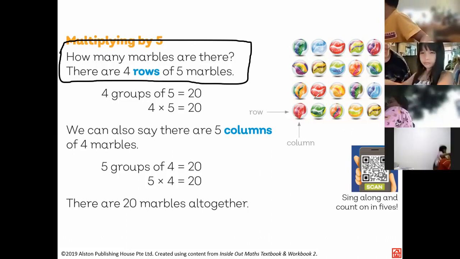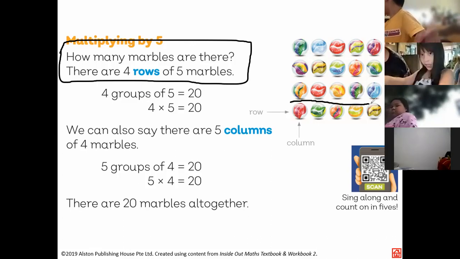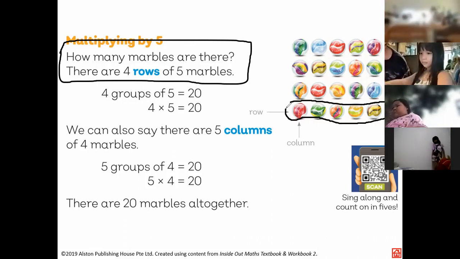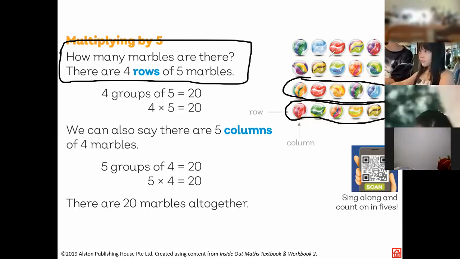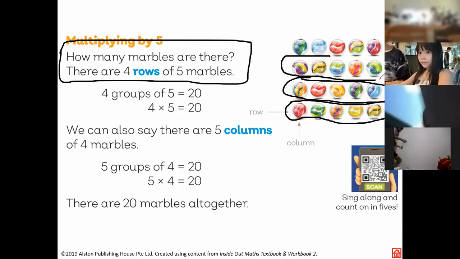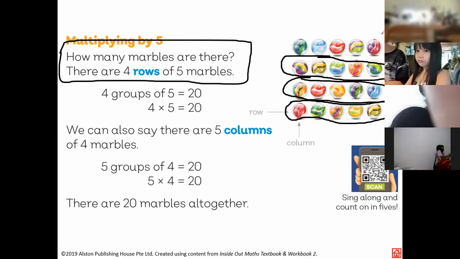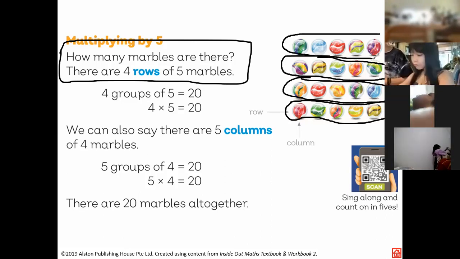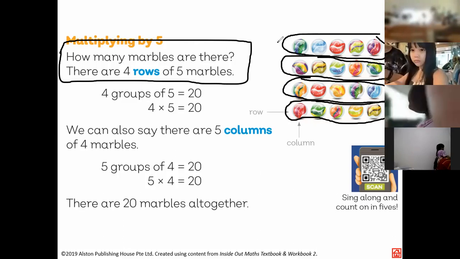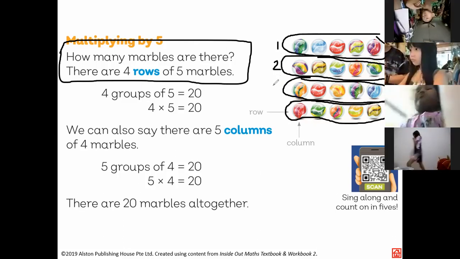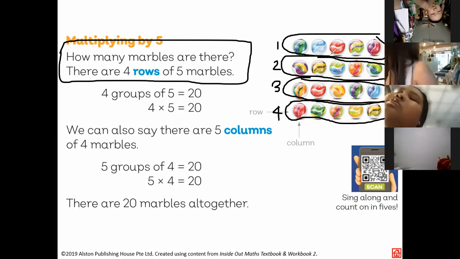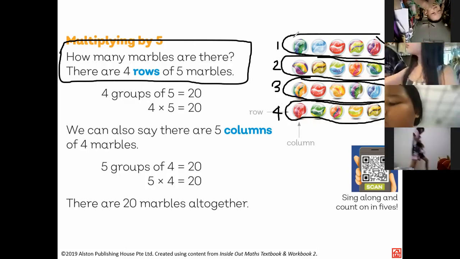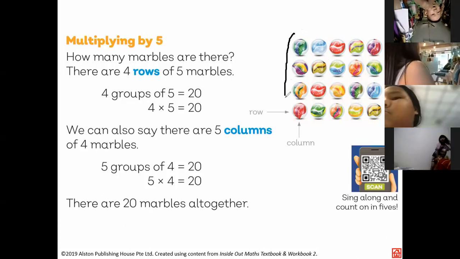So let's see. The rows are this one. Okay, these are rows. So there are 4 rows. 1, 2, 3, and 4. And then this one is column.